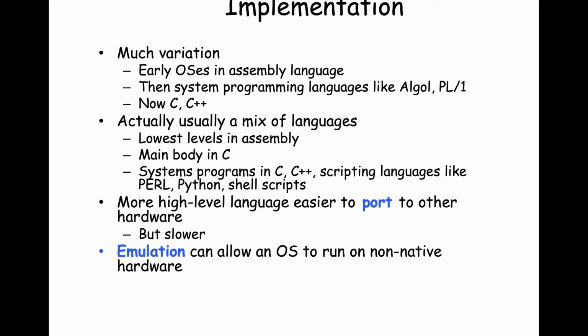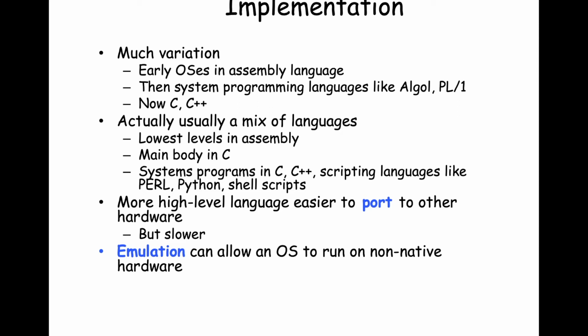Nonetheless, now C and C++ are the so-called systems languages. They give you low-level access to the machine, and you'll find that out in the programming assignments we're going to have throughout the semester. You also have a mix of more high-level languages these days, things like Python, Perl, Java and so forth. You usually have a mix of languages that comprise the programmatic interface to your system.